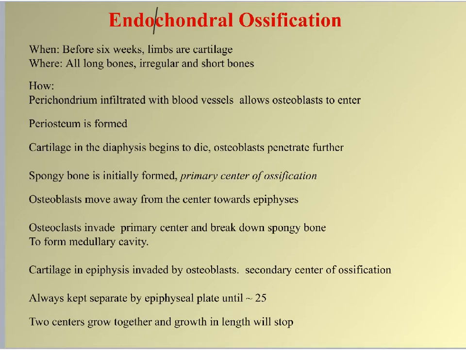So this type of endochondral ossification is what creates our long bones, the femur, the humerus, the radius, the ulna, etc., all the irregular bones, and of course the short bones. So you can see how we were just looking at that process of how the bone growth towards the epiphyses of that cartilaginous template elongates or creates these long bones.